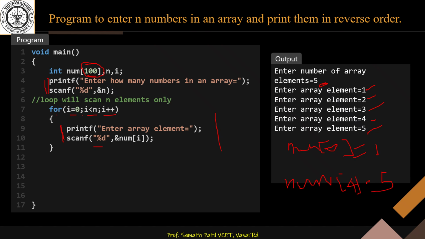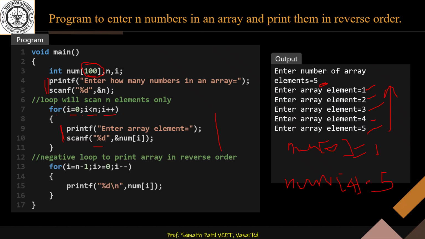Now I want to print these numbers in reverse order, like this 5 then 4. So to print these numbers I'll use one more for loop, that is a negative loop to print. Now here I started from the value of I is equal to n minus 1. The value of n is 5, so n minus 1 means the I value will change to 4, semicolon, then I greater than or equal to 0, semicolon I minus minus, that is decrement to update the value of I. Till now everywhere we incremented the value.